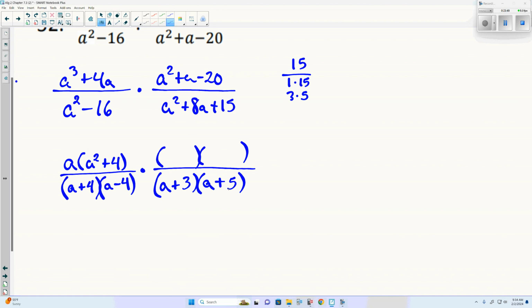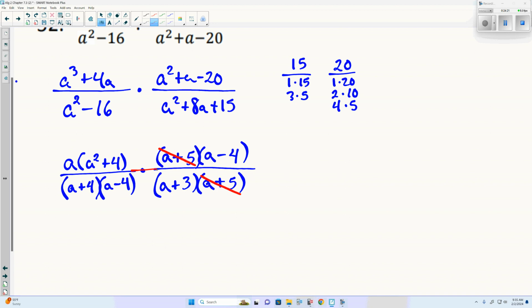The numerator, last one, third term's negative, so our signs are opposite. Factors of a squared are a and a. Factors of 20, 2 and 10. 5 on the plus, 4 on the minus, because with 5 being plus, we do have a common factor of a plus 5, and those would cancel.